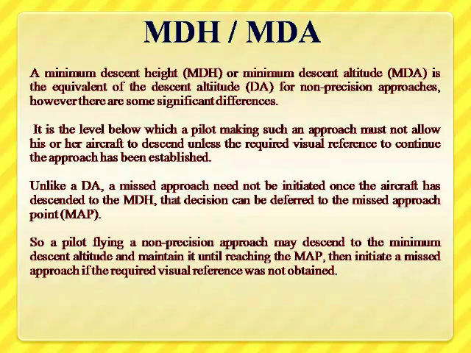There will be another chance for him to come to the actual height that is permissible. That is given by missed approach point, MAP. So a pilot flying a non-precision approach may descend to the minimum descent altitude or maintain it until reaching the MAP, then initiate a missed approach if the required visual reference was not obtained.